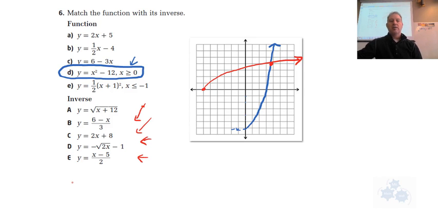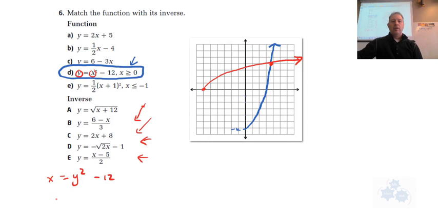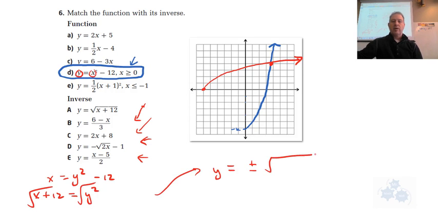So what we should do then is literally switch x and y and try to solve for y. See what we get. Okay. So let's do this. x equals y squared minus 12. And if we solve for y there, we would then have x plus 12 on this side equals y squared. If I took the square root of both sides, I would have y equals plus or minus the square root of x plus 12.